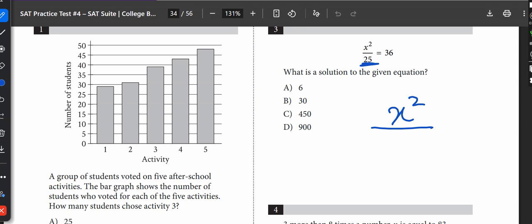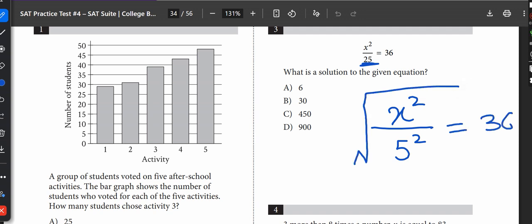Can I write 25 as 5 squared? Because this square means 5 times 5, 5 multiplied 2 times, right? So I will take the square root on this side and on this side too, right?